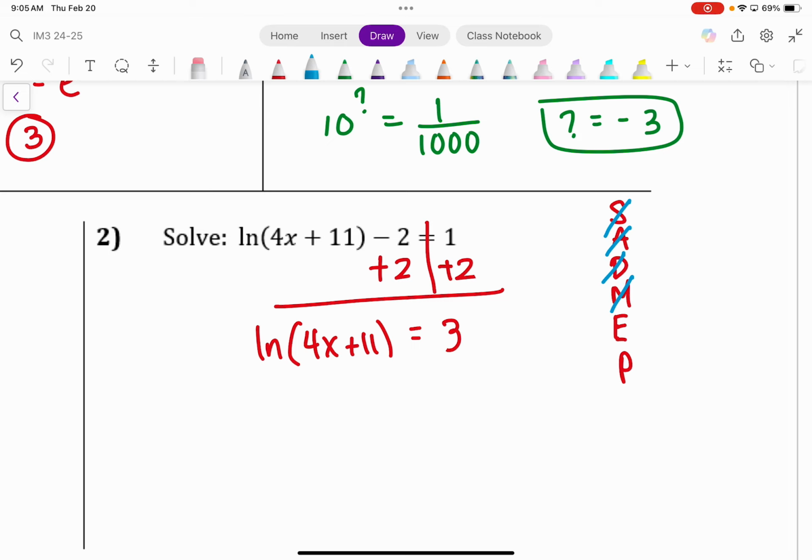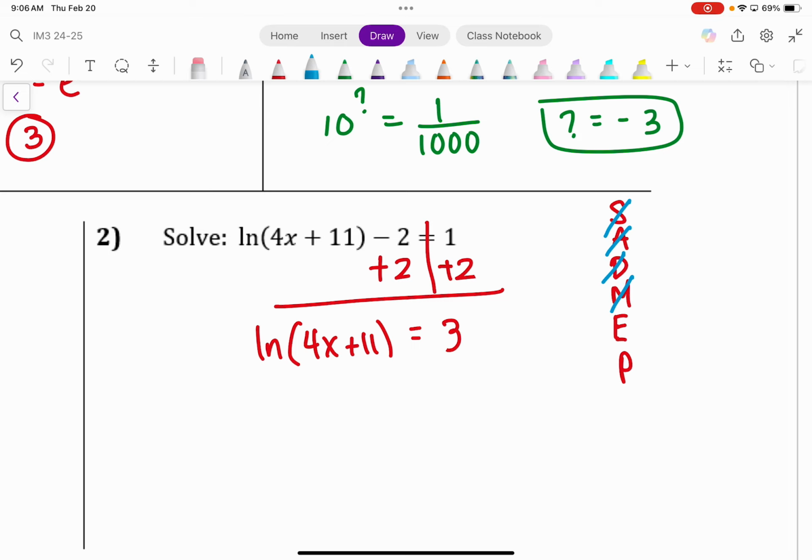All right. Now, this is where things have to change. We are currently in logarithmic form. We're going to convert this to what kind of form? Exponential. Now, natural log is base what?